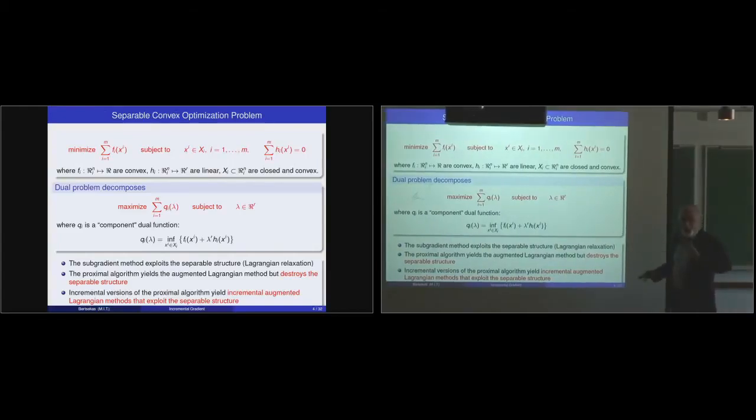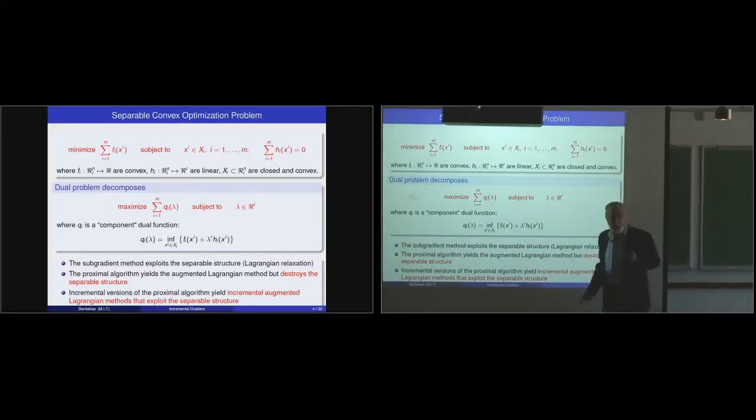So that's where I'm going. I have primal incremental methods. I have a dual problem that's amenable to decomposition, and I'm going to show that incremental methods are useful not only in the primal setting, but also in this dual setting to produce incremental augmented Lagrangian algorithms that exploit the separable structure.